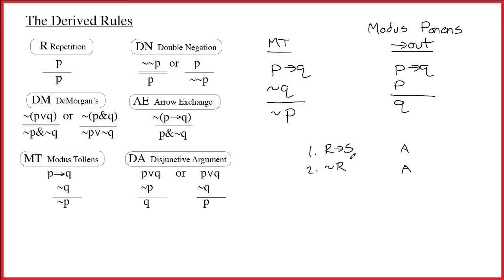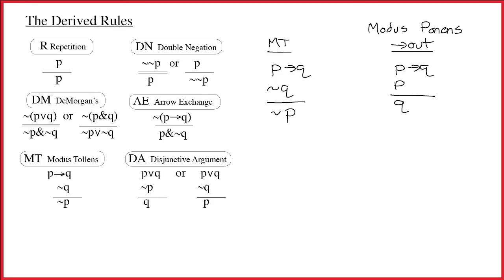When you're looking at line 1, to do arrow out, you would need to have an R. Well, we don't have R, so we can't do arrow out. To do modus tollens, you have to have the negation of Q. So you would have to have tilde S to make progress. Having tilde R does you no good whatsoever. The point here is don't start getting these 2 rules confused with each other. Modus tollens and arrow out work very differently, and having tilde R does you no good.